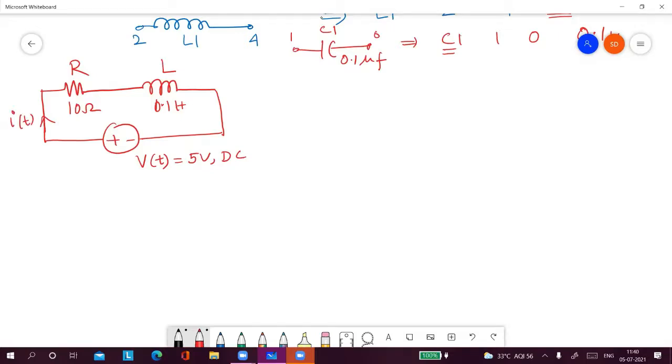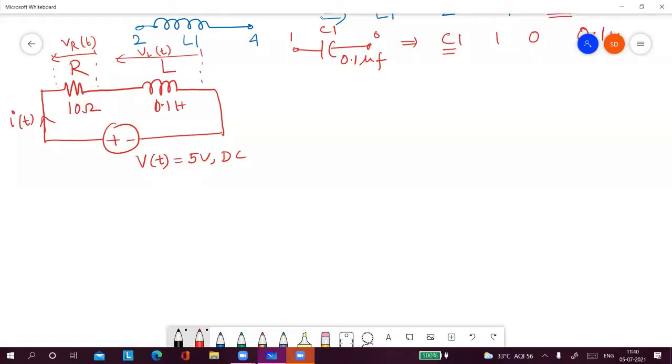Let us write a SPICE program to plot the voltage across resistance, the voltage across inductance, that is VL(t), and I(t). So we have a series RL circuit powered by a DC voltage source, 5-volt DC.